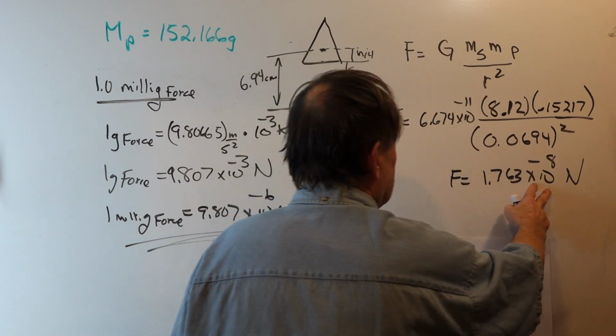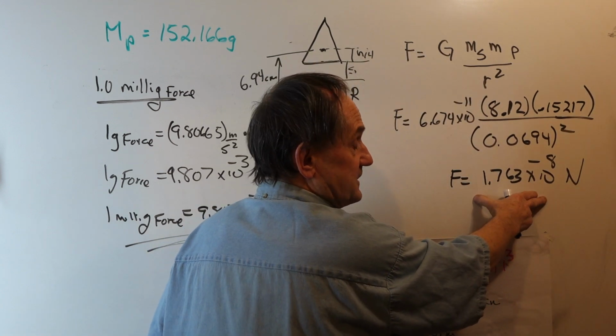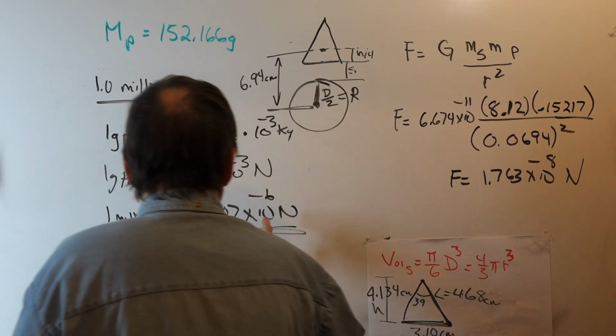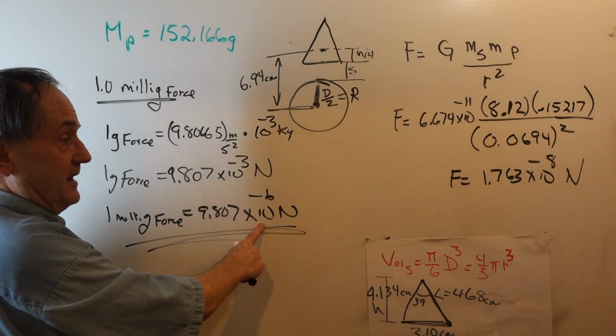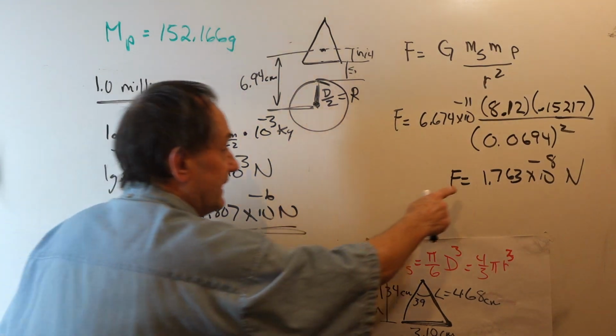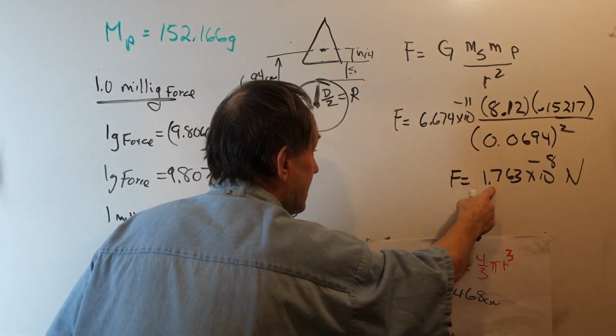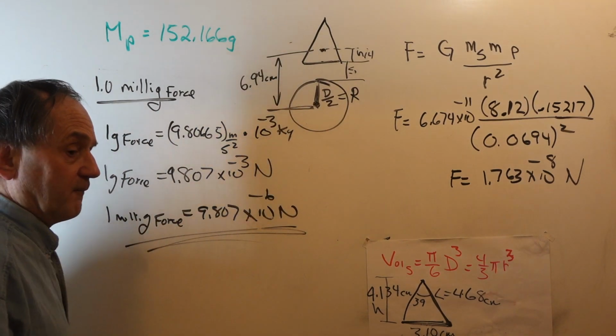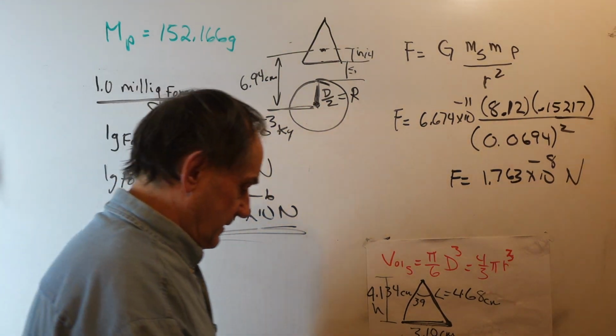Compare it to what it ought to be for given the masses of the pyramid and the sphere. There isn't any way that that scale could indicate this force. This force is considerably smaller than 1 gram force that scale is indicating.